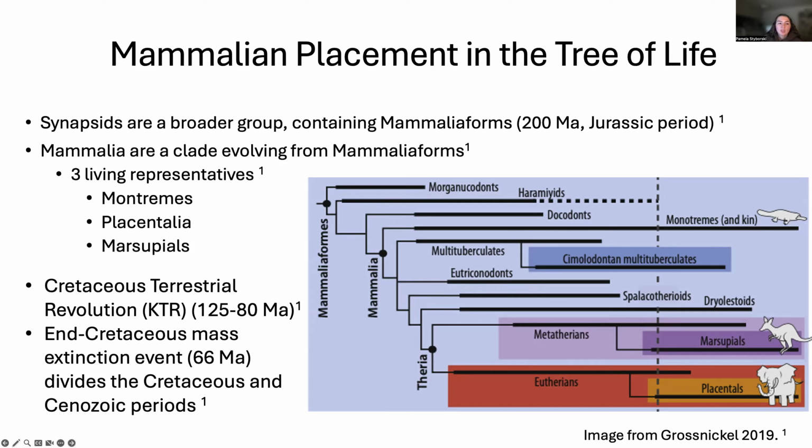And when we're looking at big evolution timelines, there's the Cretaceous Terrestrial Revolution, KTR, which was 125 to 80 million years ago, and then the end-Cretaceous mass extinction event 66 million years ago, which divides the Cretaceous and Cenozoic periods.